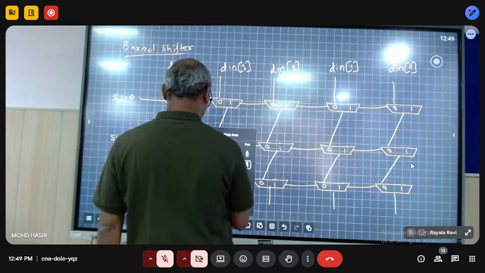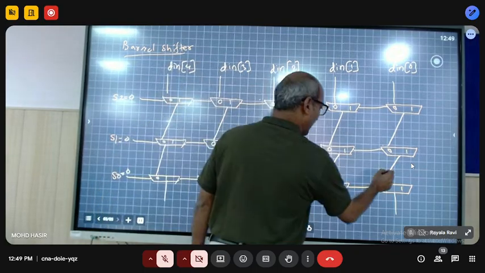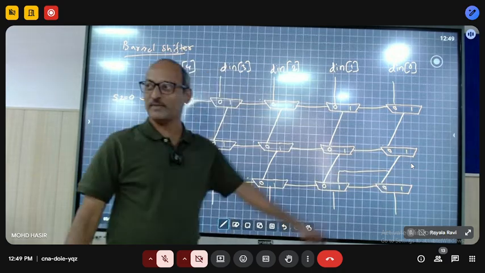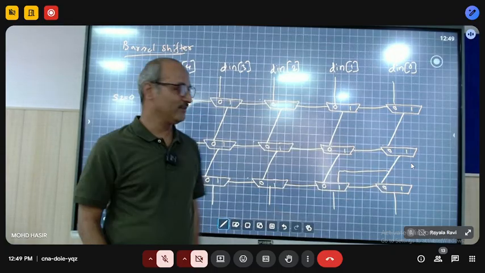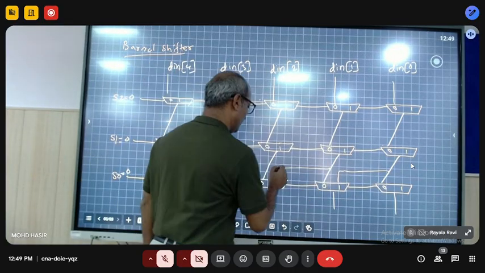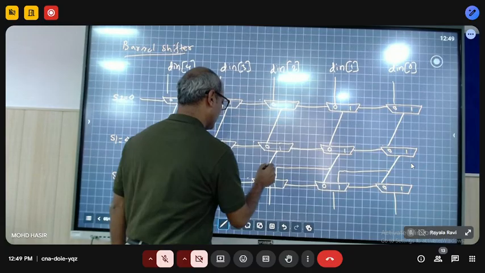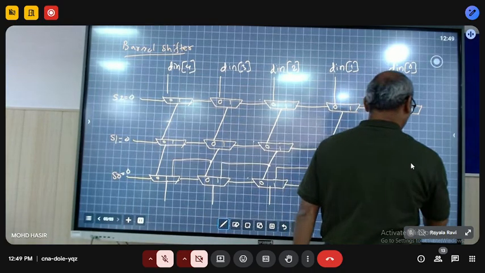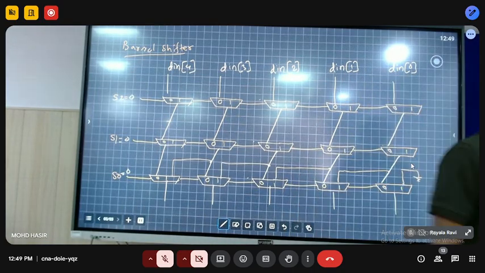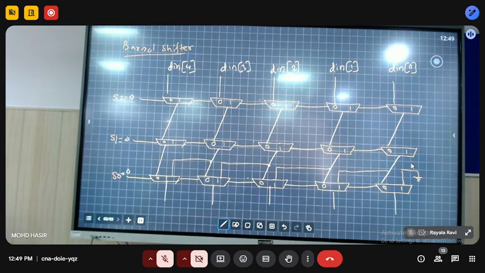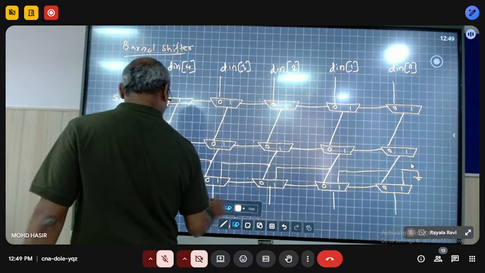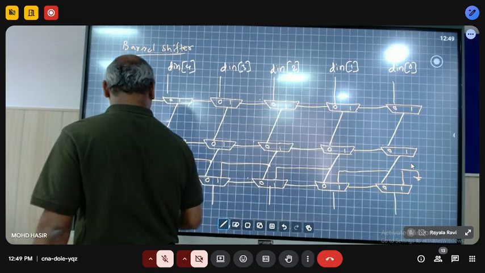Now what I am interested in is, I want to rotate this number, multiply this number by 2. So what is the rocket science in that? What I can do is pick this line and pass it here. Shifted by 1 is nothing but multiplied by 2.